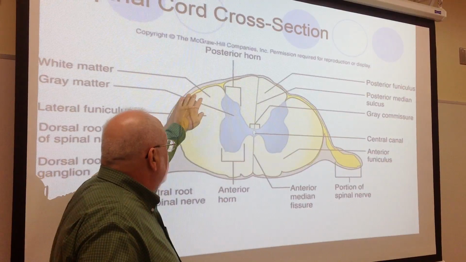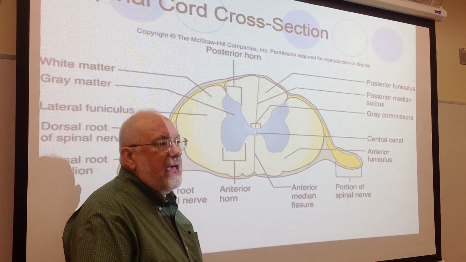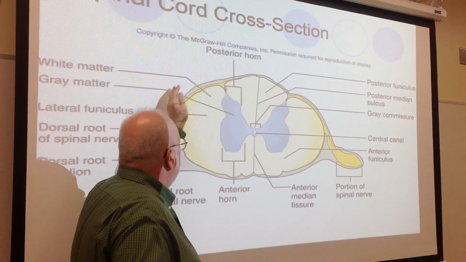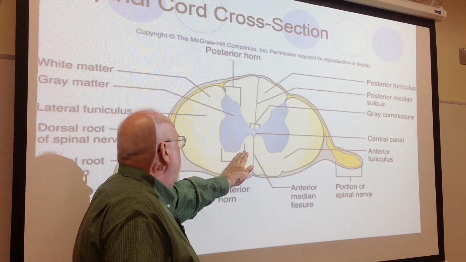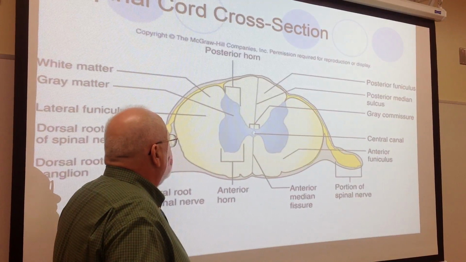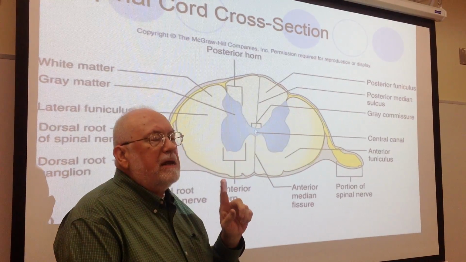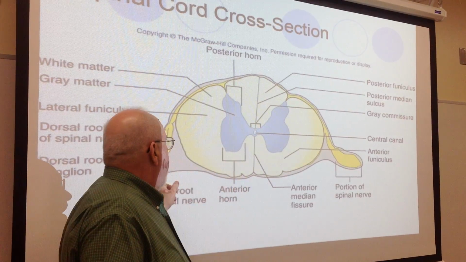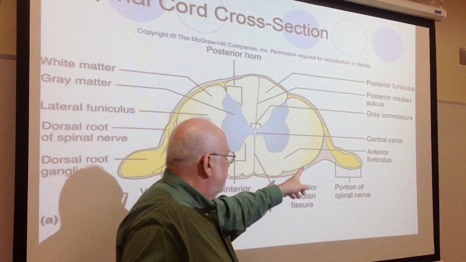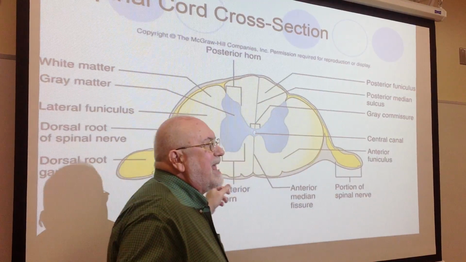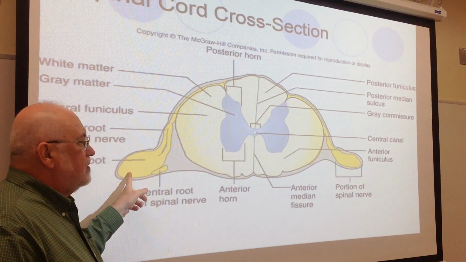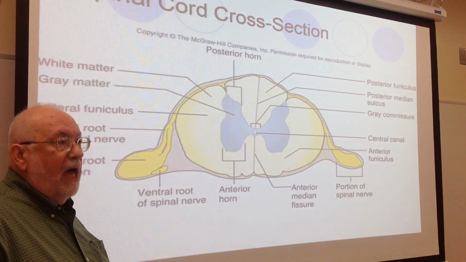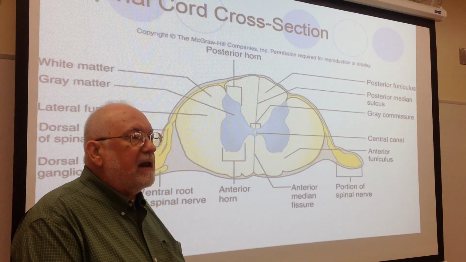Now, attached to this, of course, are going to be roots, if you will, of nerves. So sensory things are coming in here, motor coming out here. Outside of the cord, now remember the brain and spinal cord together are the central nervous system. Outside of the central nervous system, we start to encounter these ganglia. And we have this dorsal root ganglion. There's one on the left and there's one on the right. What is in the dorsal root ganglia?